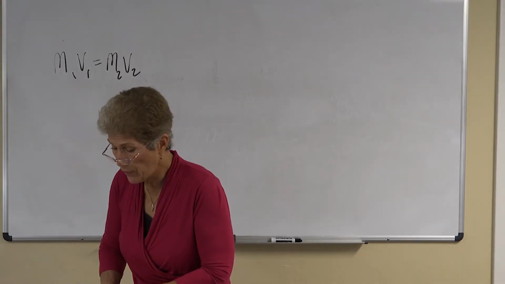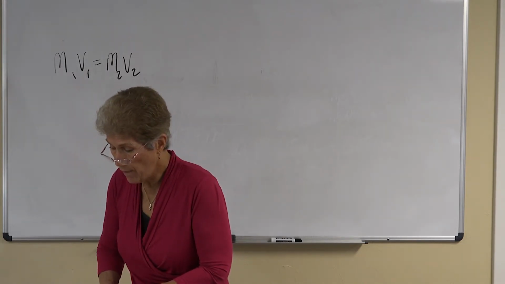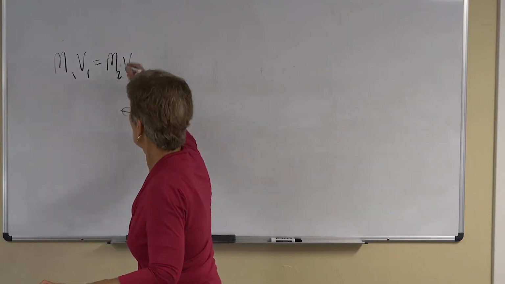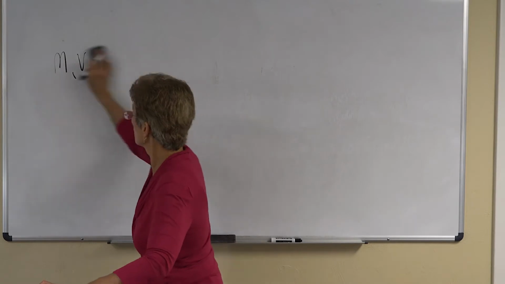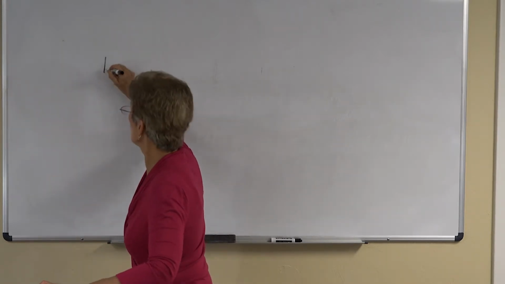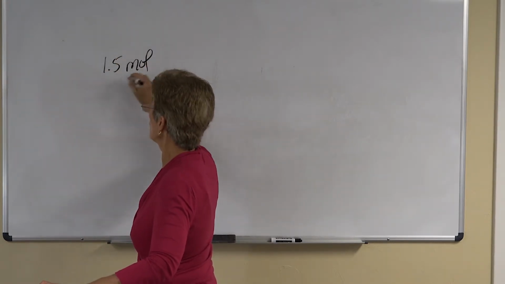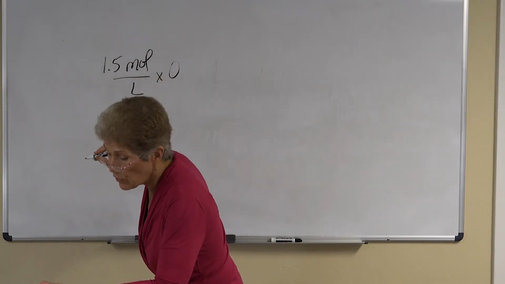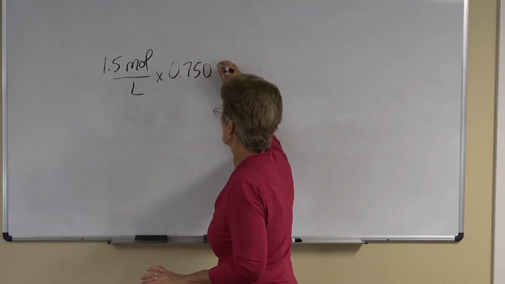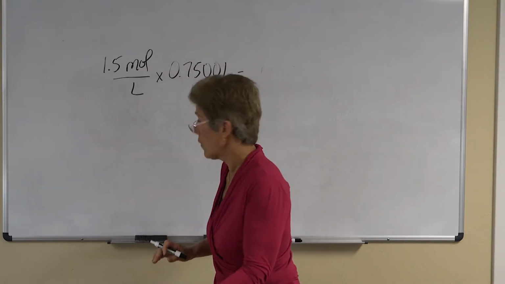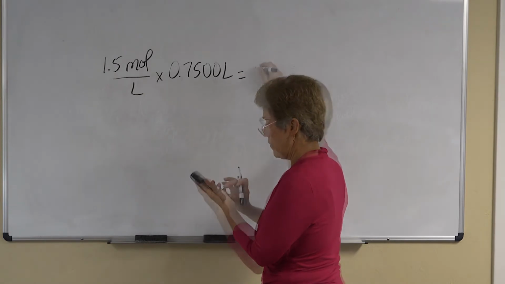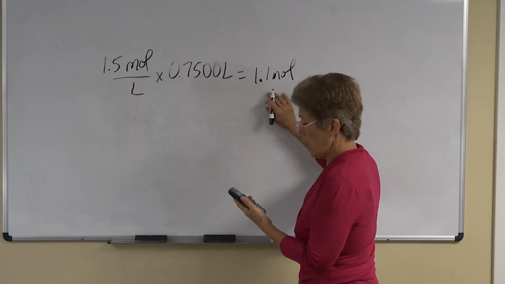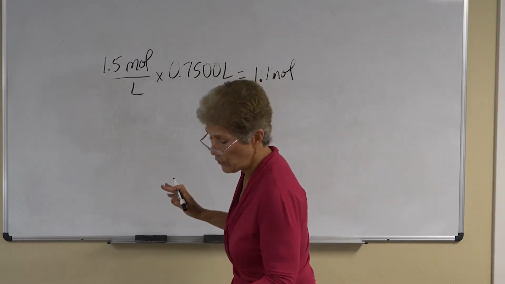We're going to figure out the moles of the second one. In this case, it would be 1.5 moles per liter, and we're told how many mils are used. And so that's going to give me two significant figures, 1.1 moles of acetic acid in that secondary solution.